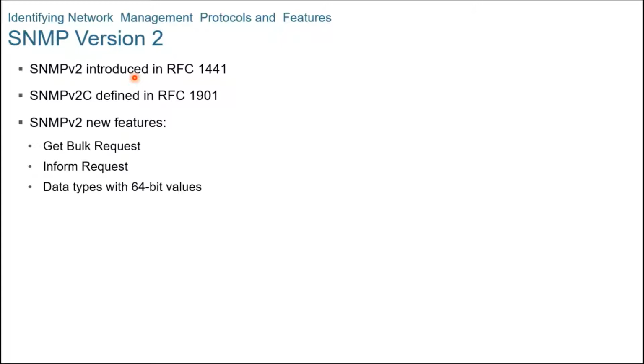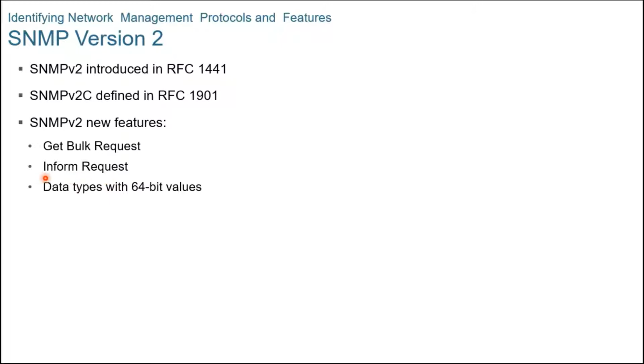SNMP version 2 changes include the introduction of the following two new message types. First, the get bulk request, which is used for retrieving large amounts of data, such as tables. This message reduces repetitive requests and replies, thereby improving performance.